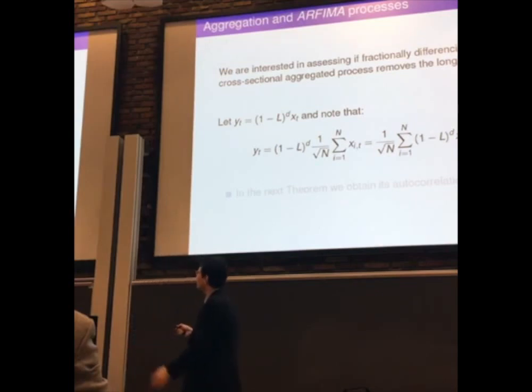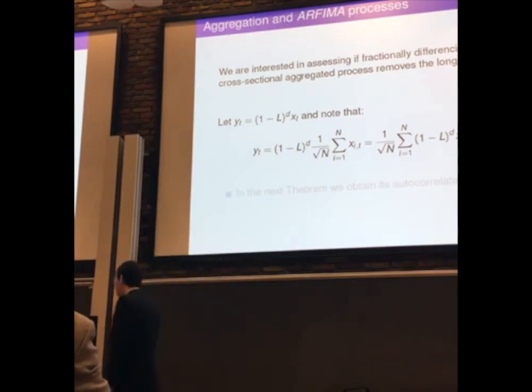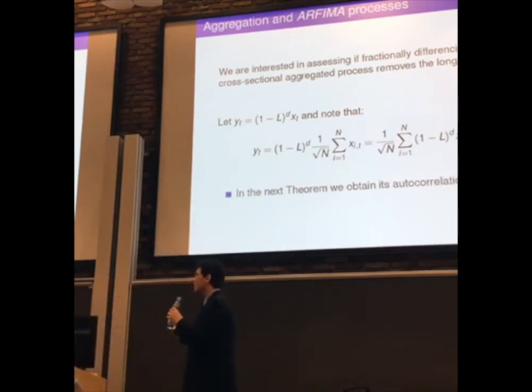So what we're trying to show is that Y_t is a cross-sectional aggregation of ARFIMA(1, -d) processes. We call X_it an AR(1), and we are fractionally differencing that, so it's an ARFIMA(1, -d). So what we do next is get the autocorrelation function, so seeing what kind of process we end up with if I try to take out the memory.